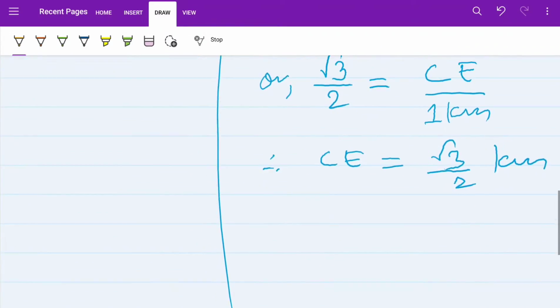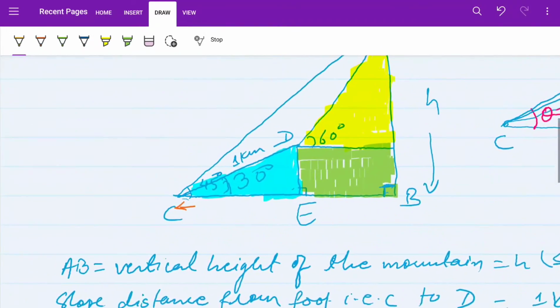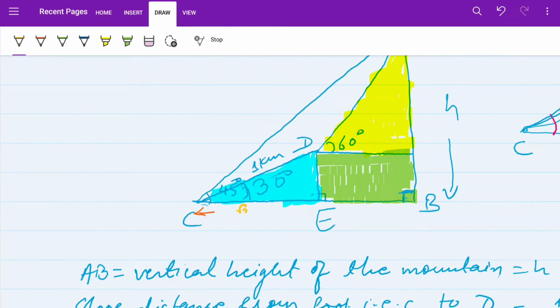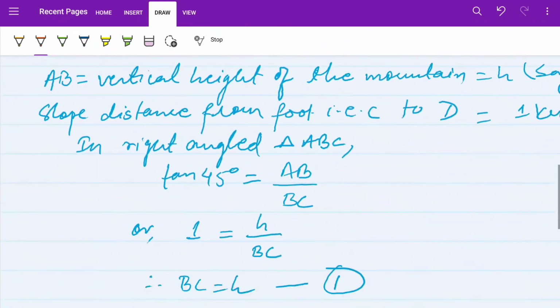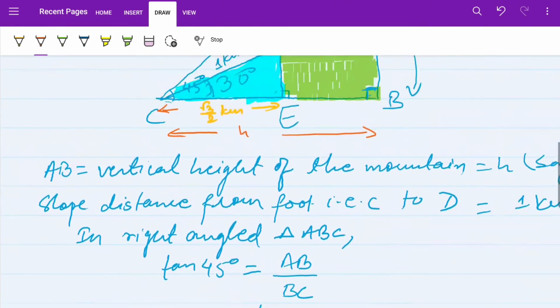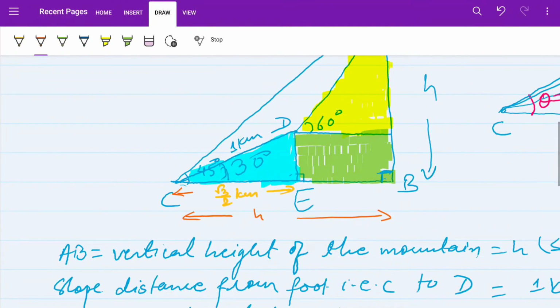Okay, here, root 3 by 2 kilometer. So this distance here is root 3 by 2 kilometer here, this distance. And this whole distance is H, because already we found this BC is H here. Now this vertical height here, this is 1 by 2 kilometer here, this one.